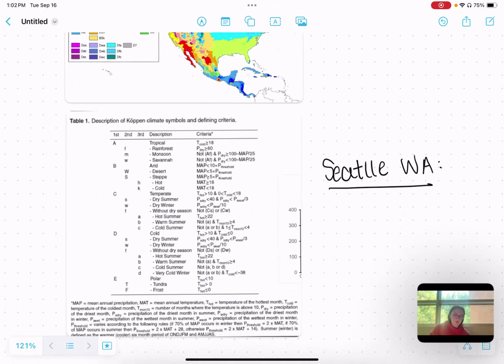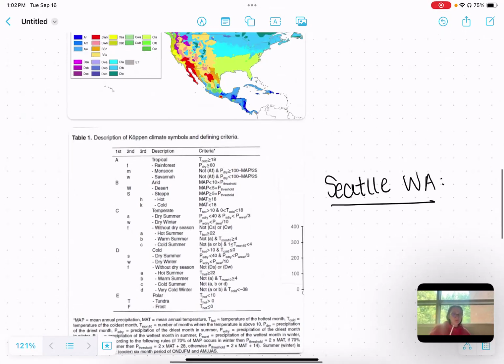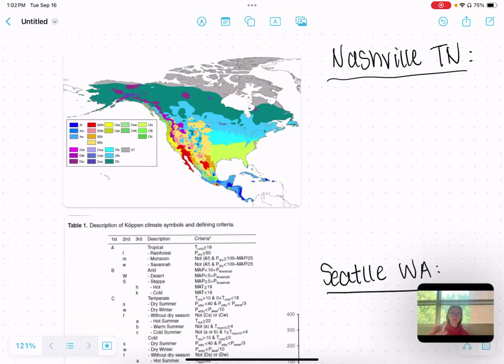So it might help you narrow down whether it's A, B, C, D, or E. This way you don't have to start with A and work your way through all of them, because that can be really time consuming. So use this map to help you out, or just your general intuition of what a place is. That is really the only time you can use your intuition.